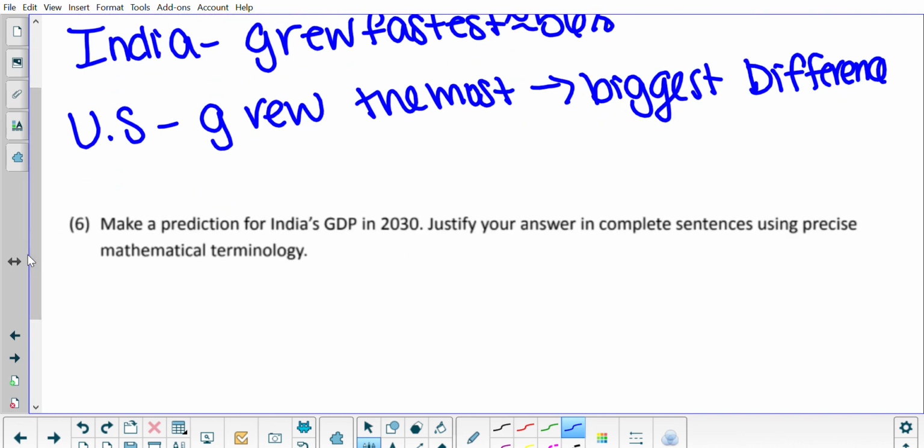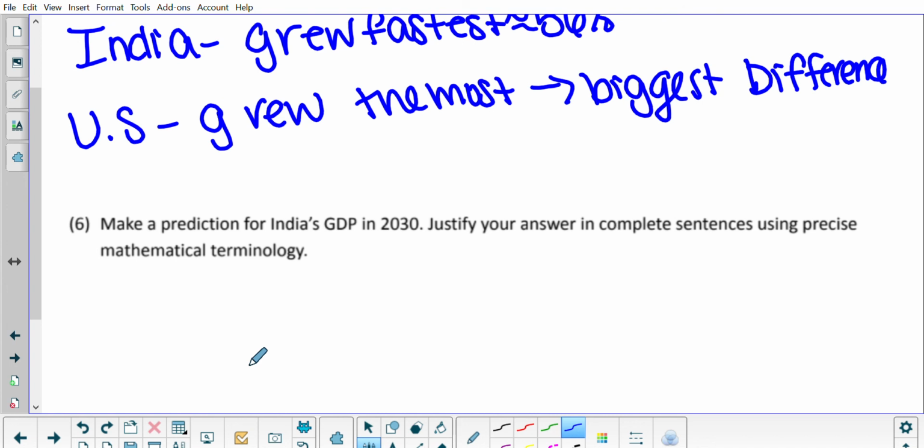Question 6, make a prediction of India's GDP in 2030. Justify your answers in complete sentences using precise mathematical terminology. So first we have to think, are we going to use the percent or the dollar amount? Okay.